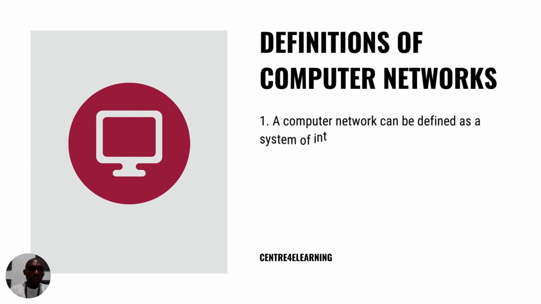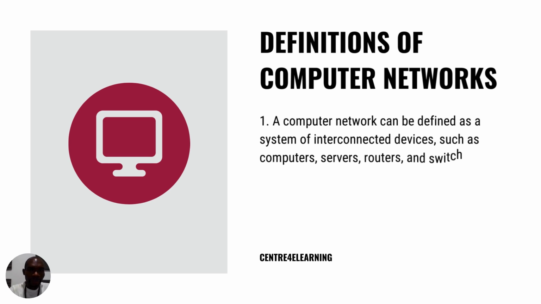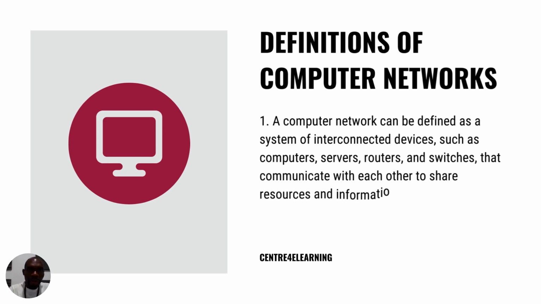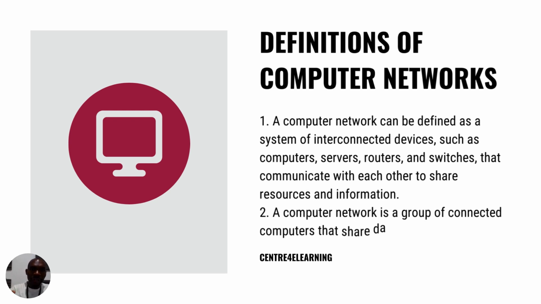Now, let's talk about the definitions of computer networks. When we talk about computer networks, a computer network can be defined as a system of interconnected devices. What are these devices we are talking about? We are talking about computers, servers, routers, and switches that communicate with each other to share resources and information.